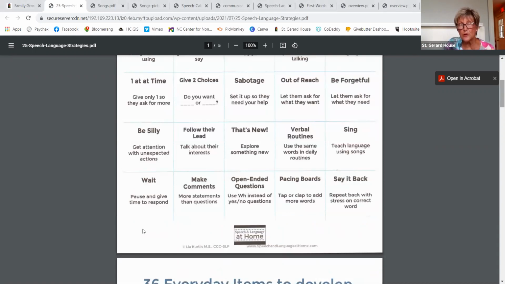I think too that this weight is so huge for our children, because we do need to pause and give them time to respond. And I can usually tell by the look on a child's face if they're thinking, because their eyes look around a little bit, and there's a good reason for the pause.